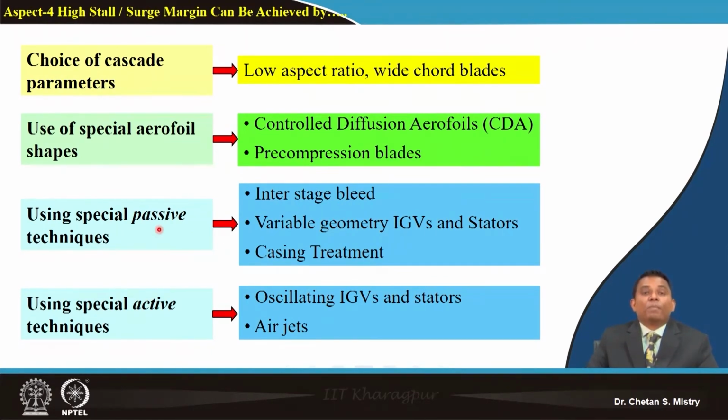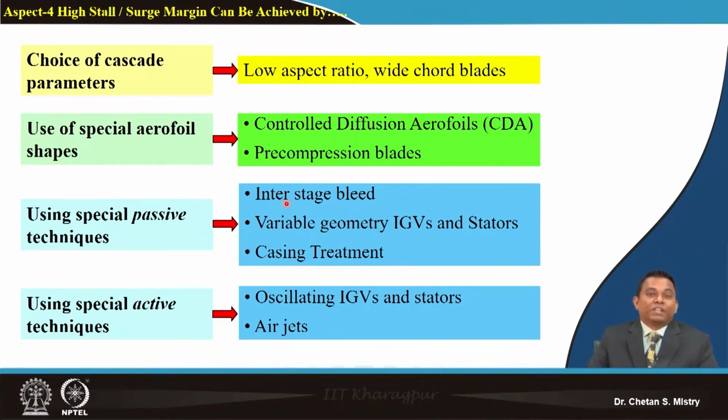Now people are also talking about passive flow control mechanisms, say interstage bleed. The air from the later stages is taken out and injected near the hub region or maybe near the tip region according to the requirement, and that helps the operating range, or basically delays the separation.